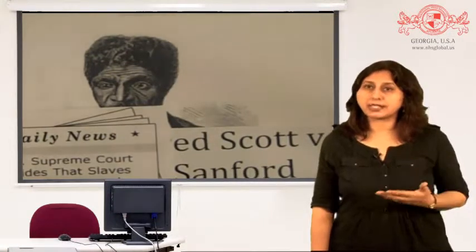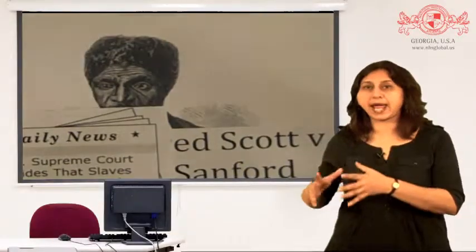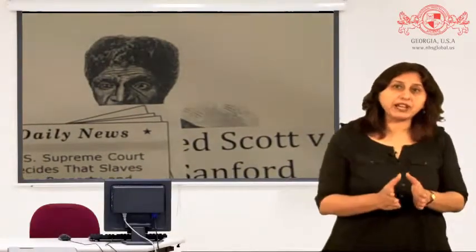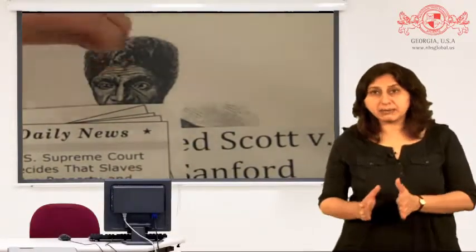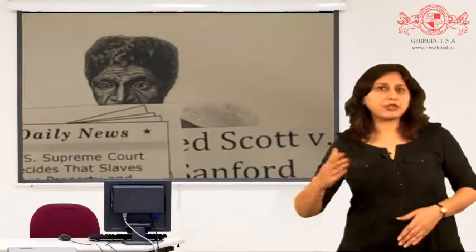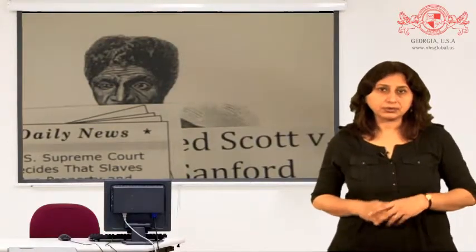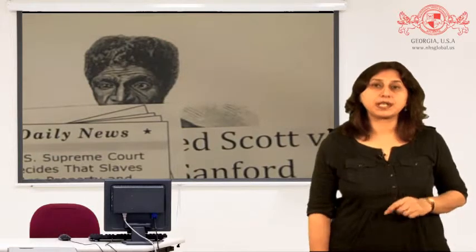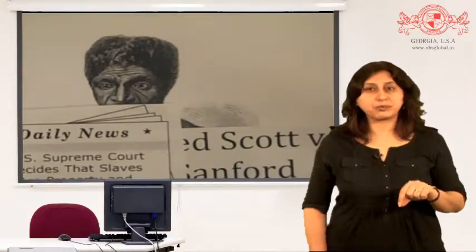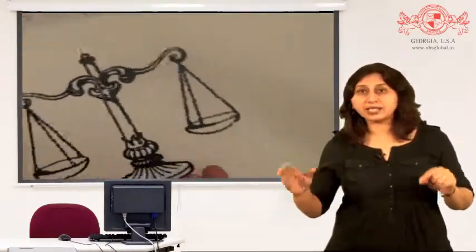The Due Process Clause prohibits state and local governments from depriving persons of life, liberty, or property without the sanction of law. The Equal Protection Clause requires each state to provide equal protection under the law to all people.